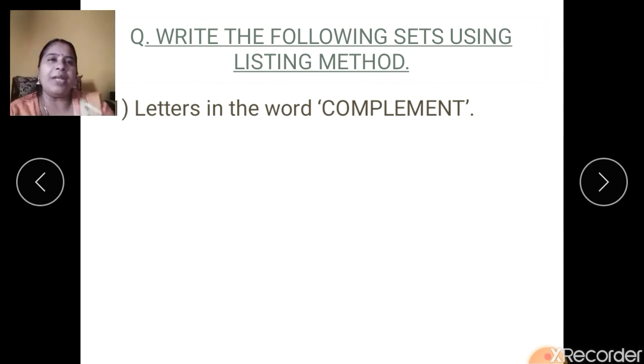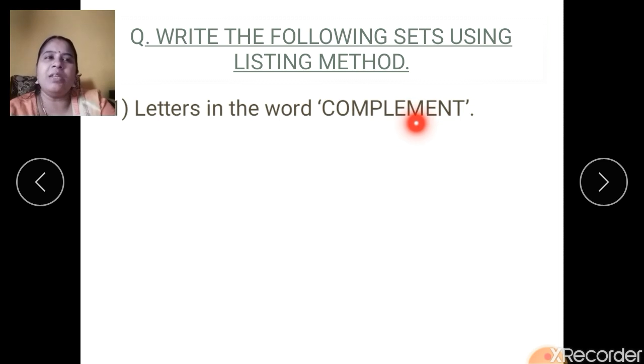Now I have to write it in listing method. Now what was listing method? Listing method was you just have to collect the elements and write it in a set. And what was the important thing to remember in listing method? The important thing was repetition of elements is not allowed. Now look at this. Are there elements which are repeated here? Yes. Which are they? You can see M repeated here.